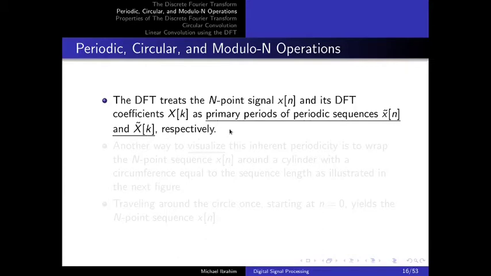In other words, the mathematical equations deal with x of n as one period of a periodic signal and deal with x of k as one period of a periodic signal.